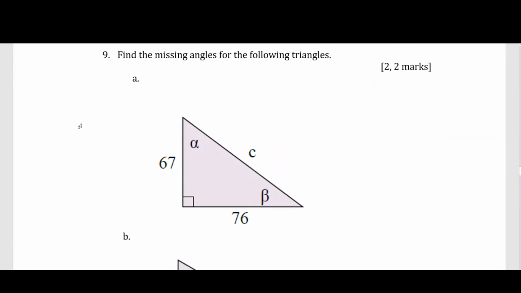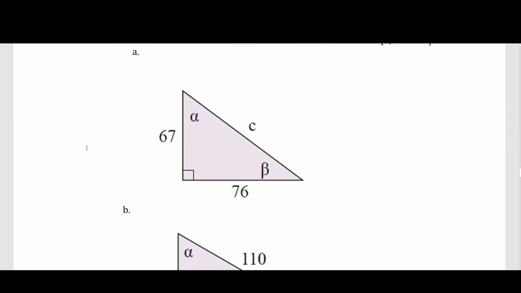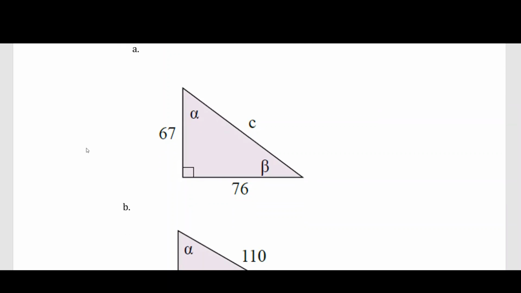Find the missing angles for the following triangles. Okay, so this question just asks for the missing angles. So let's figure it out. Here, we've got angle alpha. So this side is the adjacent. With the 67, it's adjacent, it's next door. This side, the hypotenuse, the longer side.